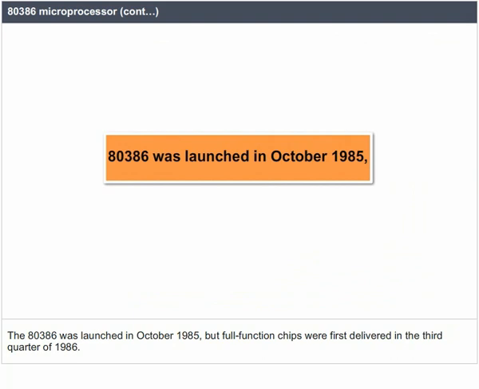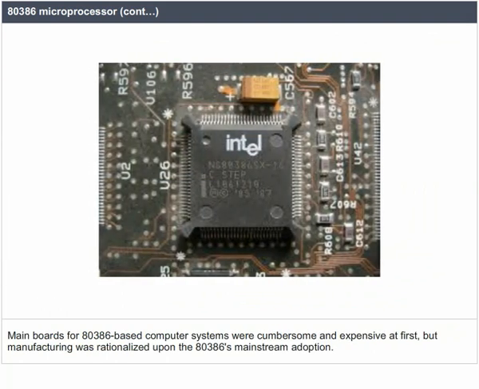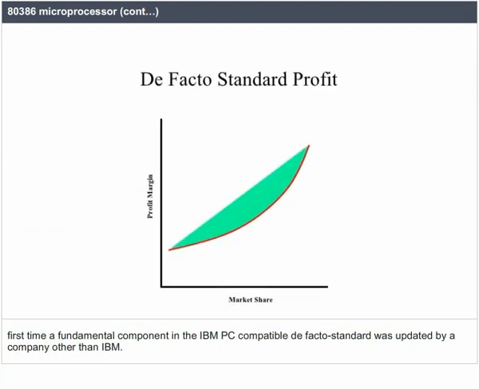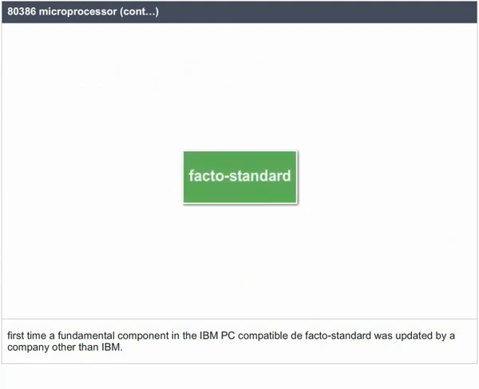Main boards for 80386-based computer systems were cumbersome and expensive at first, but manufacturing was rationalized upon the 80386's mainstream adoption. The first versatile computer to make use of the 80386 was designed and manufactured by Compaq and marked the first time a fundamental component in the IBM PC-compatible de facto standard was updated by a company other than IBM.